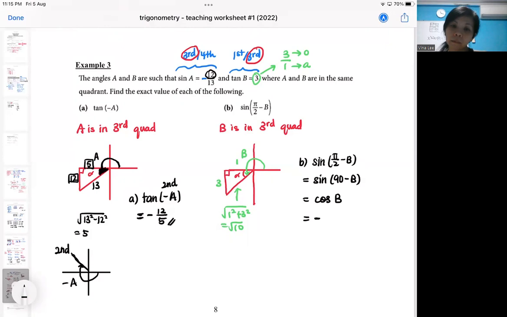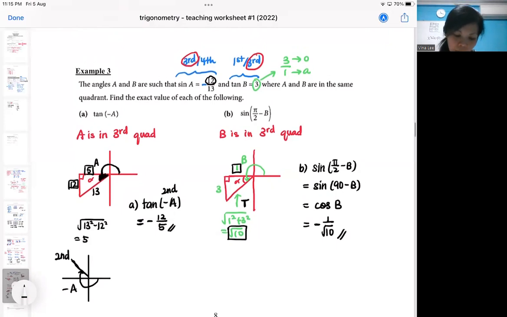B is in the third quadrant, so the cosine will be negative because it's a T. So it's A over H. That's how I draw the triangle and how I formulate my ASTC and my OAH.